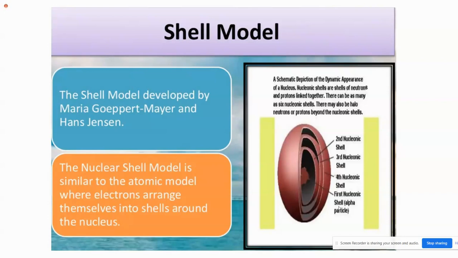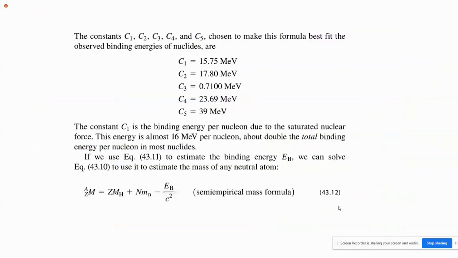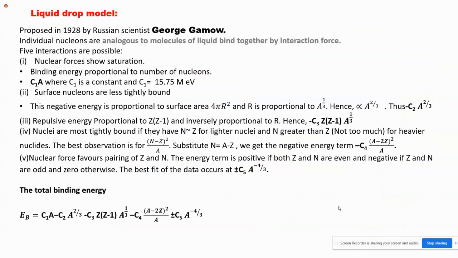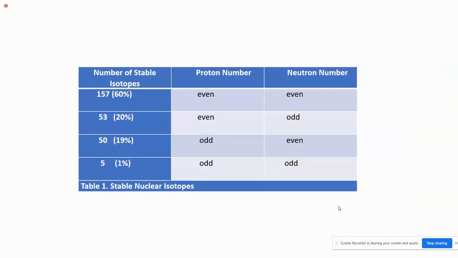So all these shells are filled like that. So this is called the shell model. And some combination of these two is called the collective model. This is the third model. It is not discussed in your book.